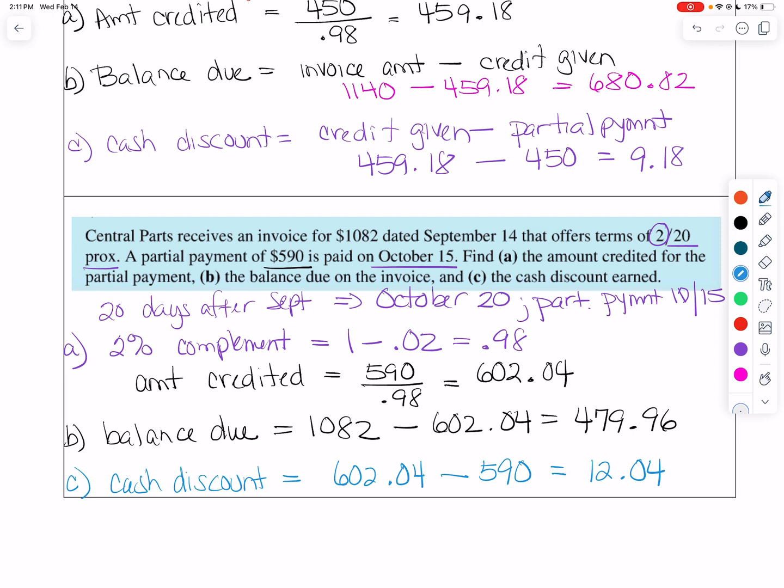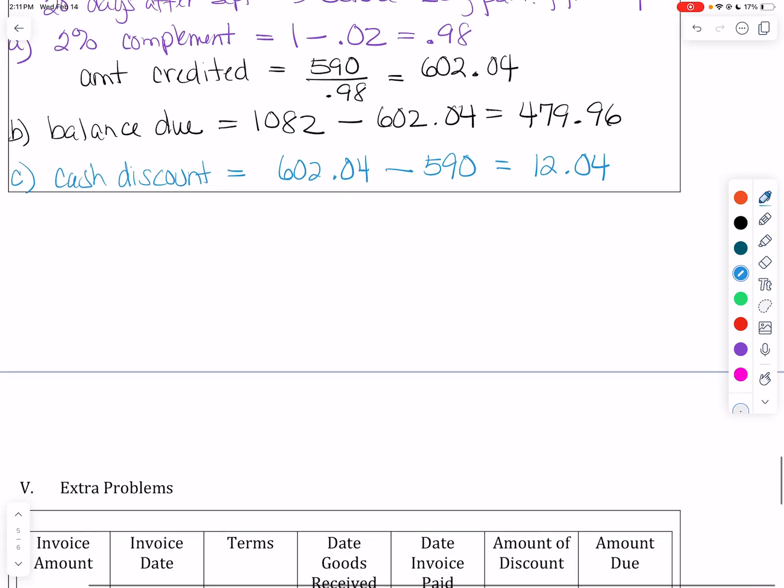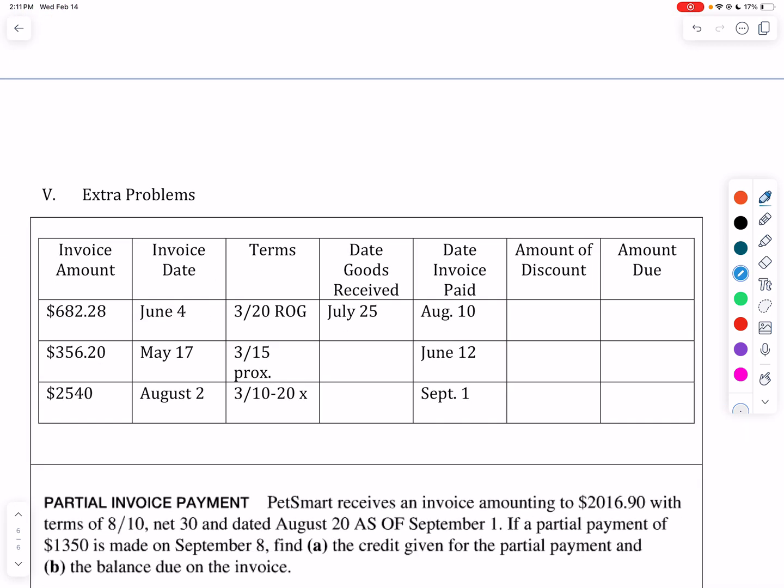All right, now we've got some actual examples from your textbook, and there's not a lot of room to write on these, so I'm going to do some extra work up here at the top. The first thing is always to make sure that you're actually getting the discount, based on when the invoice is, what the terms are, and when it was paid. I'll label these 1, 2, and 3, and do the work for 1 up here.